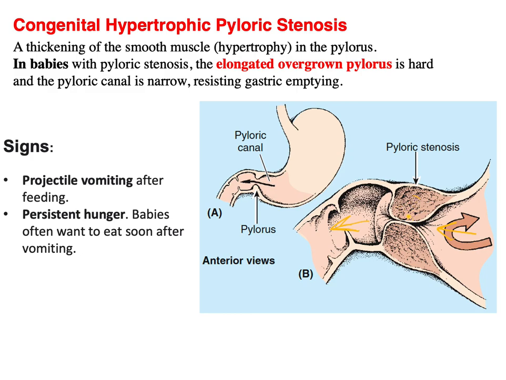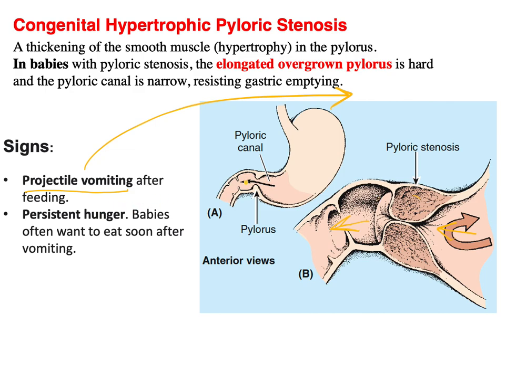The main sign of this congenital anomaly is projectile vomiting. That's after feeding. Once the baby gets the meal, the result will be projectile vomiting, called projectile vomiting because the vomit will be projected for half a meter or so.